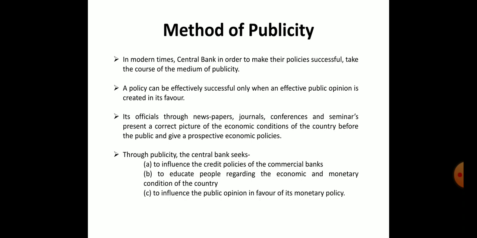So basically they can show the credit policy in newspapers, on news channels or other media through which they can publicize it. So this is the method of publicity by which we can control or expand credit. Through publicity, the central bank seeks to influence the commercial banks, to educate people regarding the economic and monetary conditions of the country, and to influence public opinion in favor of its monetary policy.